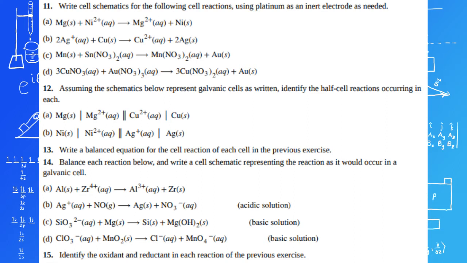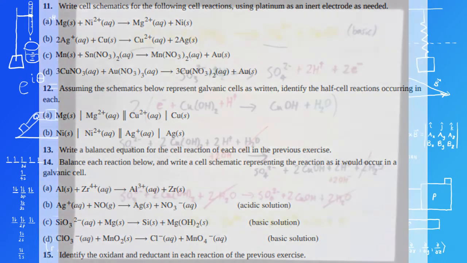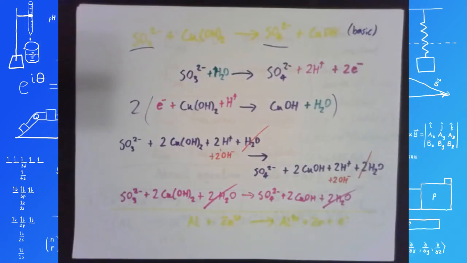So here's how that goes. You always write the oxidation first and then the reduction. And for the oxidation, just write the oxidation half reaction, or the substances in it, specifically the thing that's being oxidized pre and post oxidation.